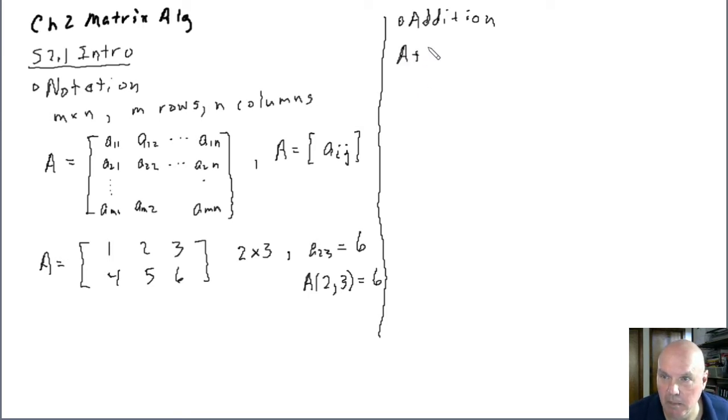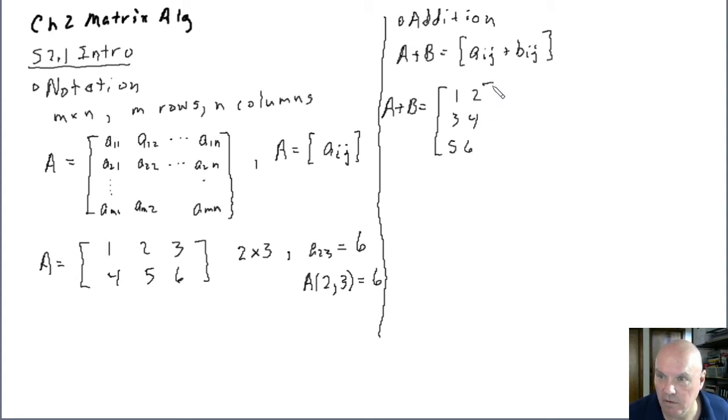But then A plus B is equal to, we just add all the respective elements. So, for example, A plus B, let's say A is 1, 2, 3, 4, 5, 6.